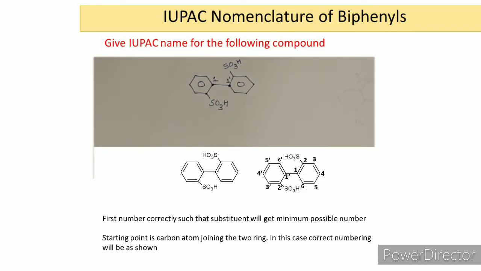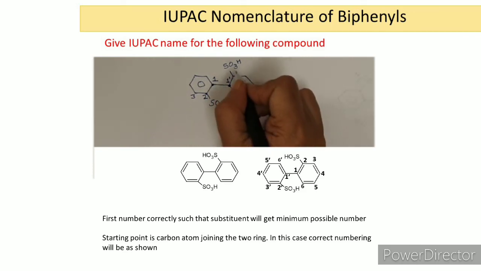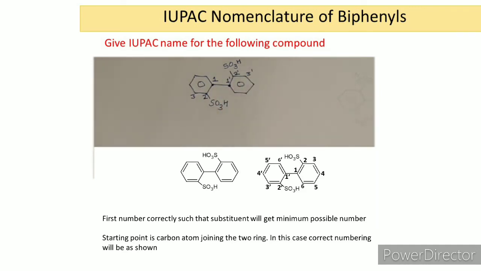Now the substituent should get the minimum possible number. So in both rings I have to number. In this case the substituent is sulfonic acid, SO3H. So in this ring I will give numbering in this way, and in this ring I will number the carbons in this way.